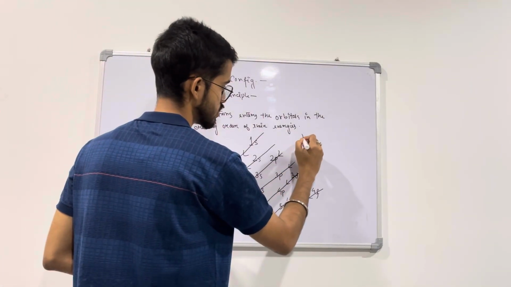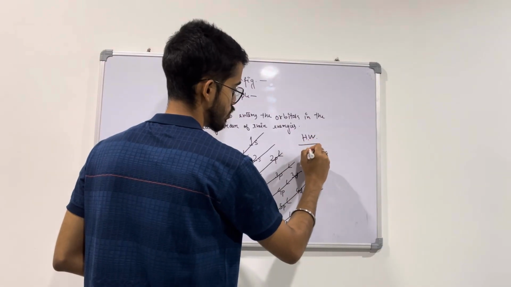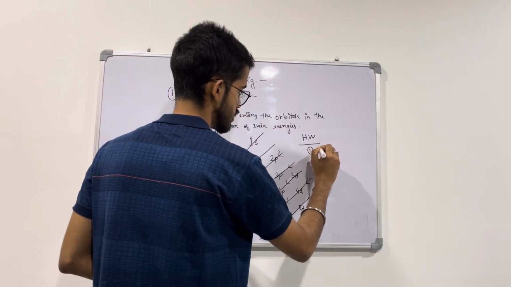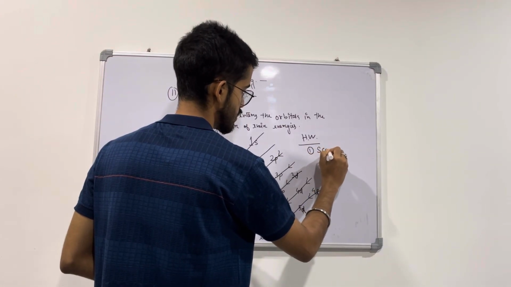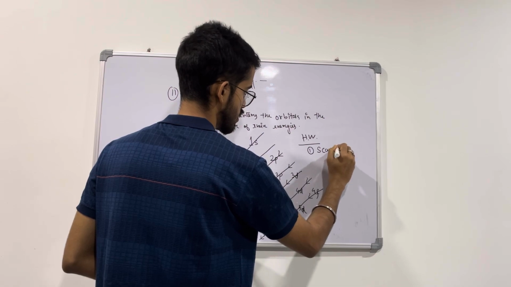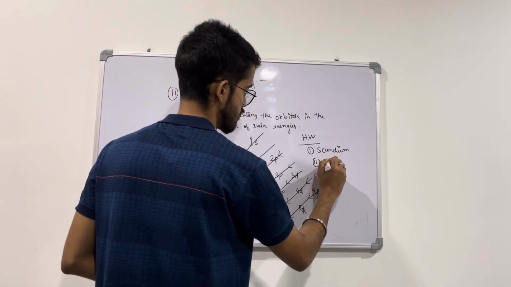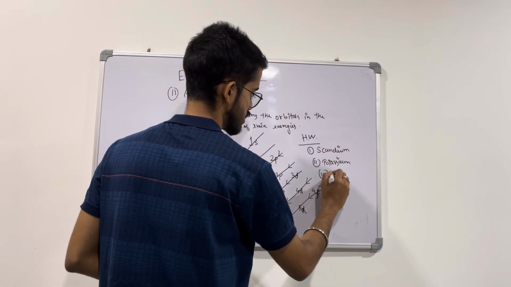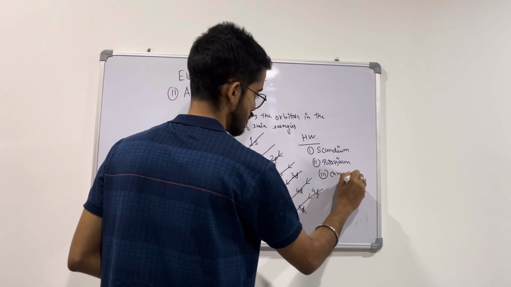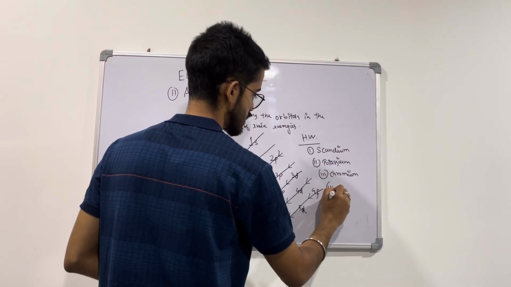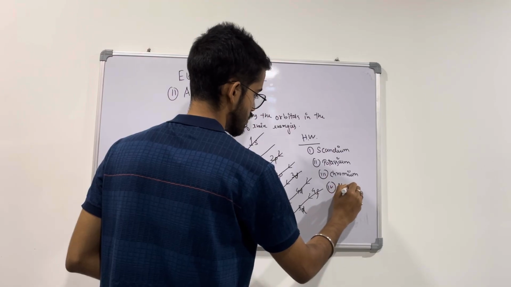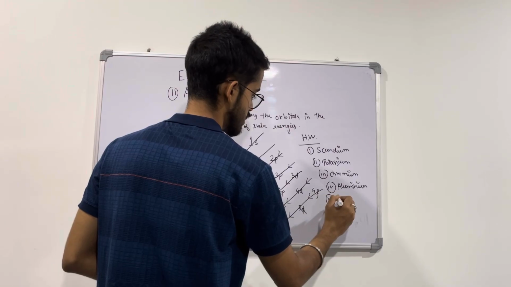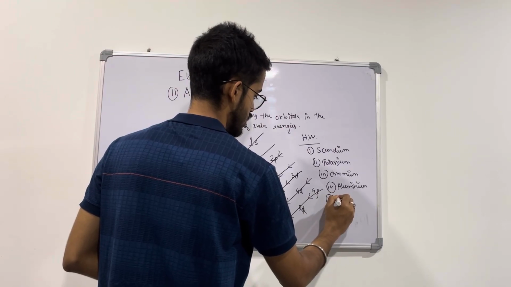So I can give you some homework so that you can try. Let's say scandium, let's say potassium, okay, let's say chromium, let's say aluminium, and the last, say iron.